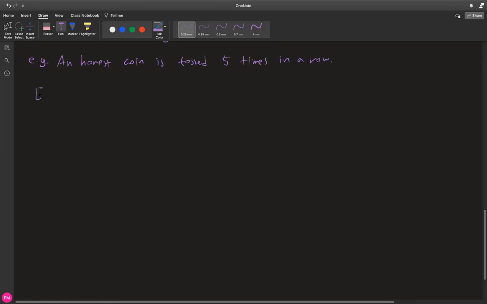So let's say event 1 is defined as the coin comes up heads exactly twice. So out of 5 times, you now have exactly 2 heads.